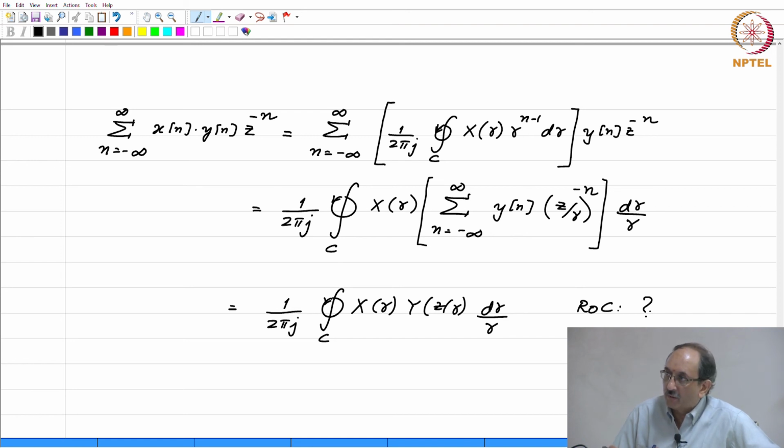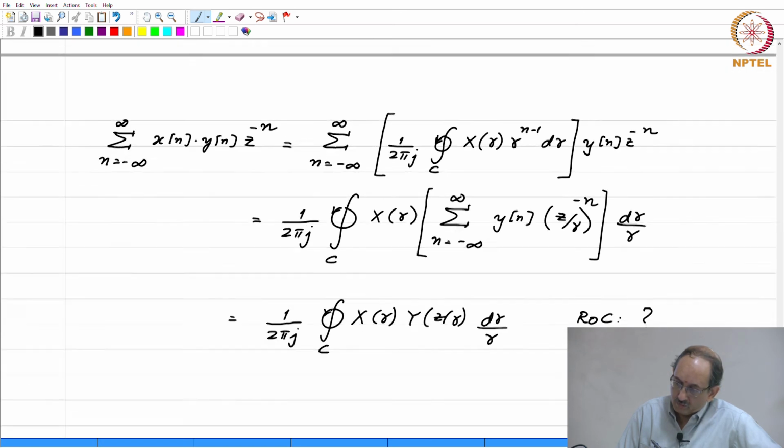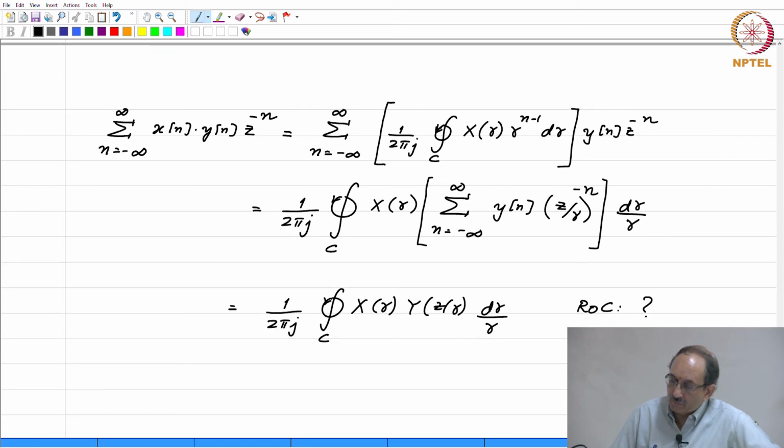Remember, whenever you state the formula, you should not only state the algebraic expression, but also you need to give the corresponding ROC. And the hint is the ROC should be such that both x of gamma and y of z by gamma are part of the ROC. Z is a parameter here. Therefore, the multiplication in the time domain giving rise to this expression, now we have actually shown that it is indeed true once we have the inversion integral formula with us.